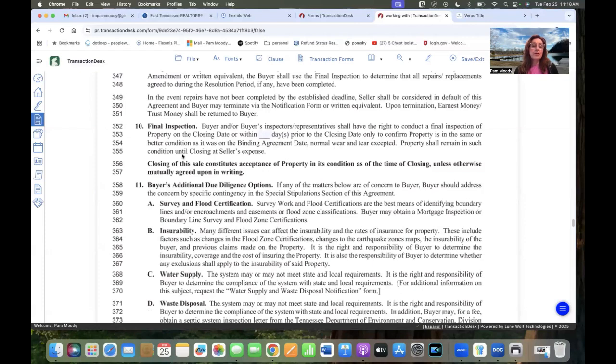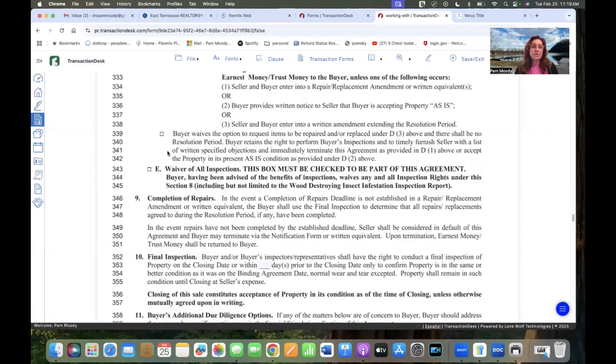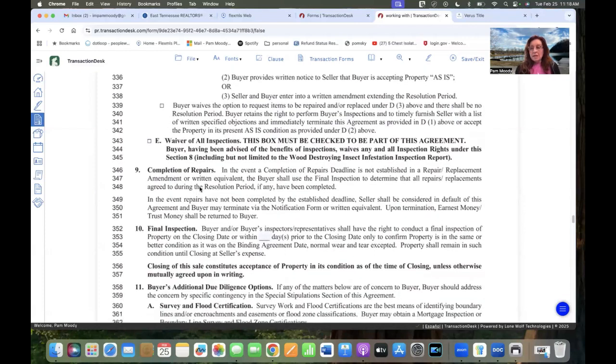Okay. Completion of repairs. I know this is taking a long time, but it's important that we read this. Completion of repairs. In the event a completion of repairs deadline is not established in the repair replacement amendment or written equivalent, the buyer shall use the final inspection to determine if all the repairs are complete. I always say I want everything done like 2 days beforehand.